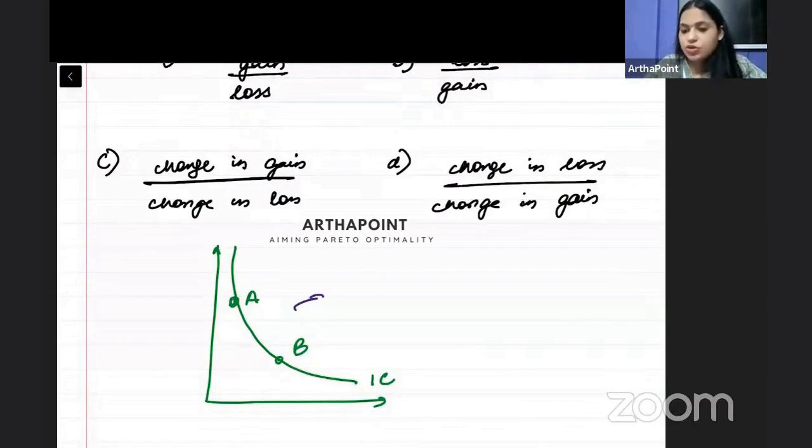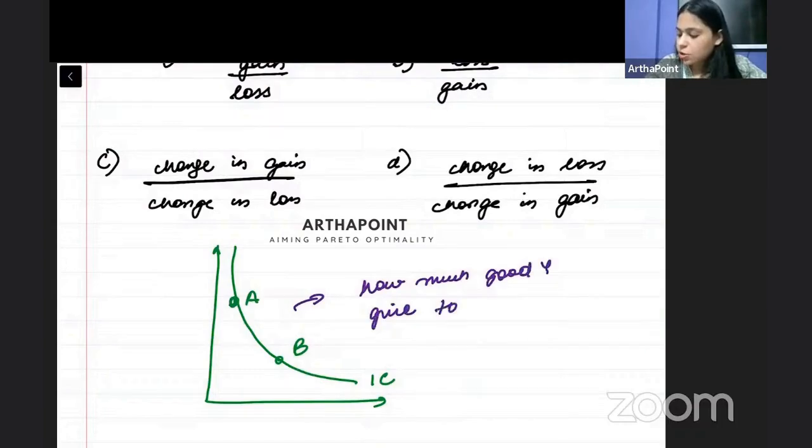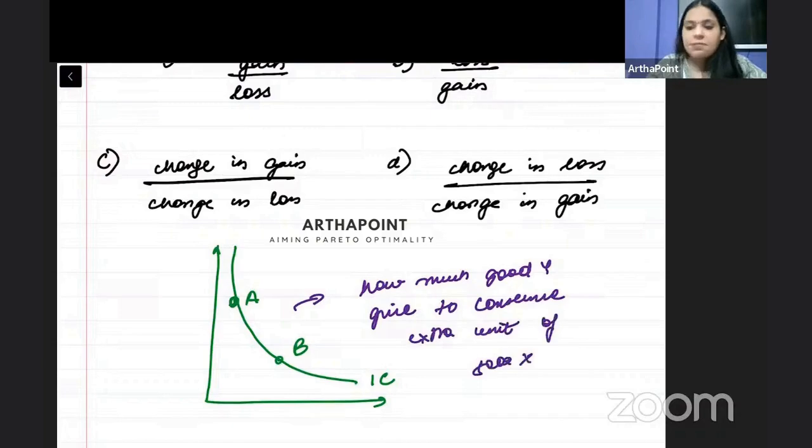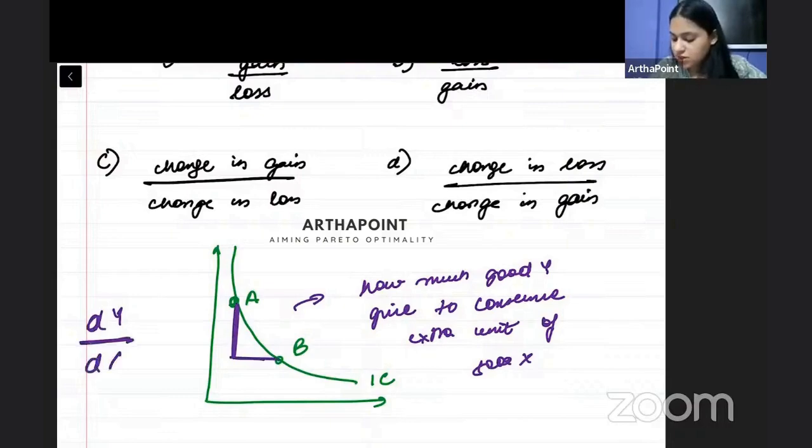What do we ask? हम पूछते हैं how much good Y do we give up to consume extra units of good X? माने we always ask how much good Y. देखो ध्यान से, we ask dy, how much good Y am I giving up to consume extra good X? तो हम हमेशा जब स्लोप निकालते हैं वी फाइंड आउट dy by dx ना. तो dy कितना y दे रहे हो by dx कितना x मिल रहा है.